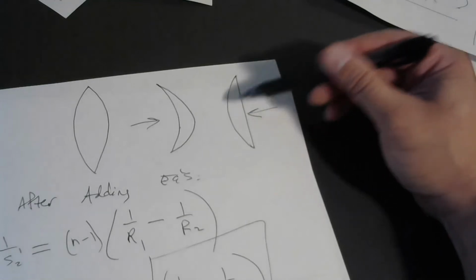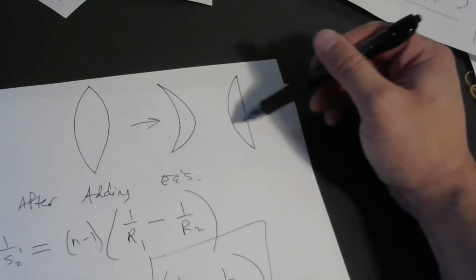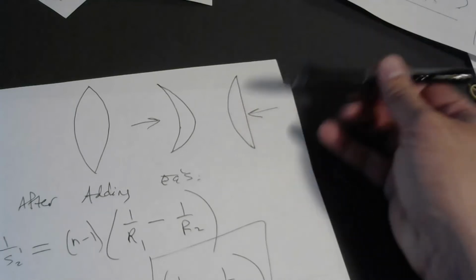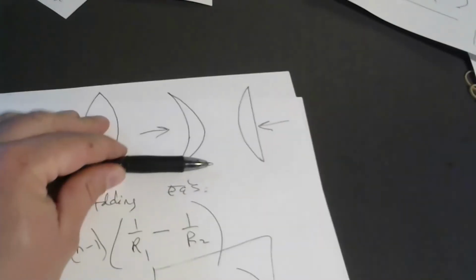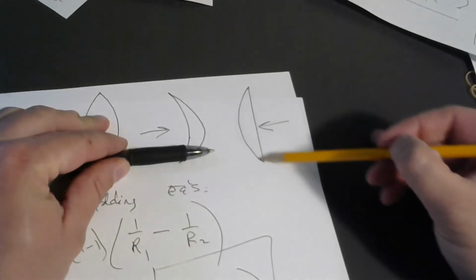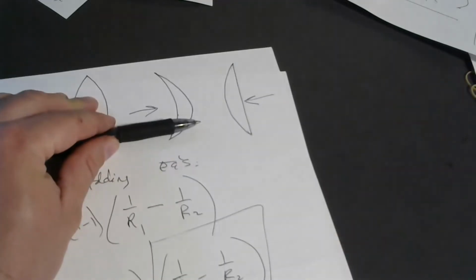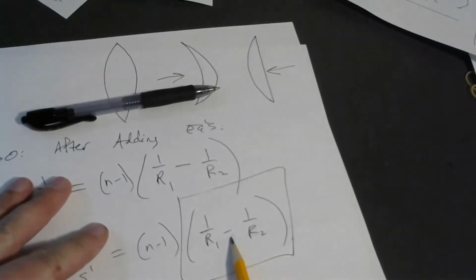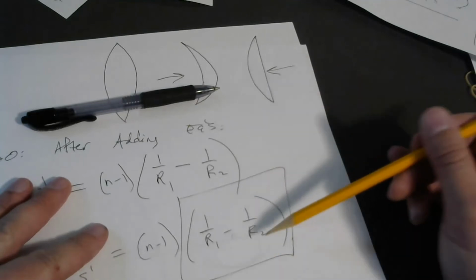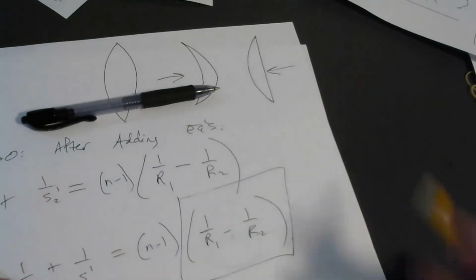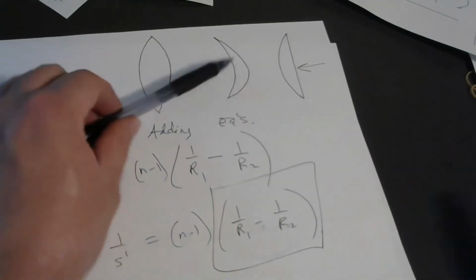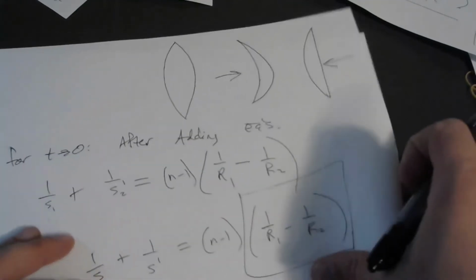Radius 1 would correspond to this face, radius 2 would correspond to this face. If I come from the other side, now this corresponds to radius 1, and this corresponds to radius 2. So my sign would flip. I'd have to reverse the roles of these, but I would also pick up a minus sign in R2. So the two minus signs would cancel. It will all work out if you observe the sign conventions.